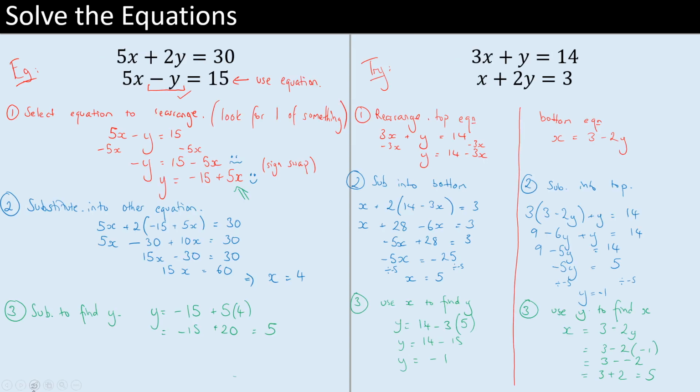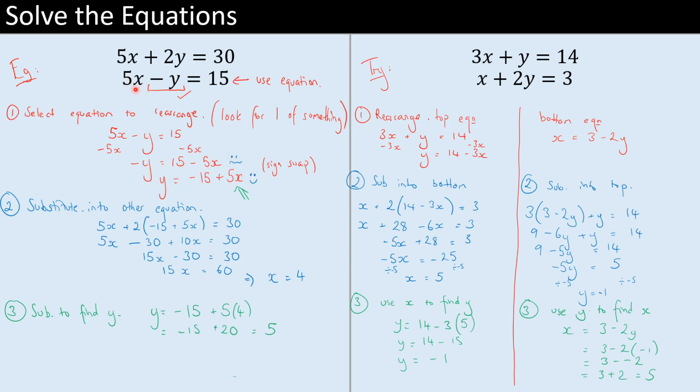When we were looking to solve equations using a substitution method, we would look for one letter, or one variable, which had just one of it. In this case, the only variable that we've got which has one of it, even though it's negative, was the bottom one. And we rearranged it so that we made that thing the subject, making sure it's not negative, it's positive. That's the thing that we would want.